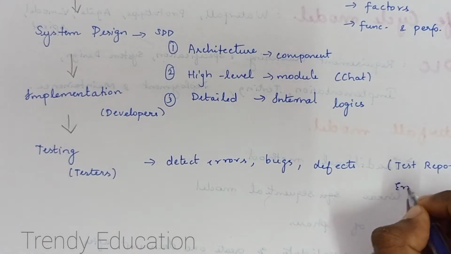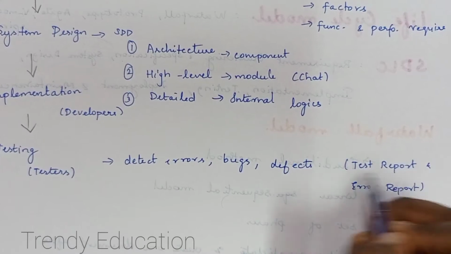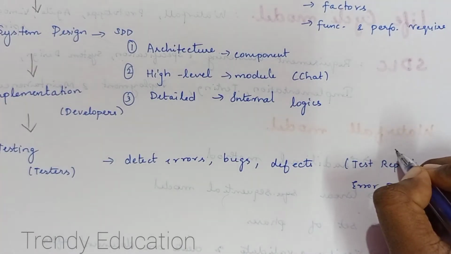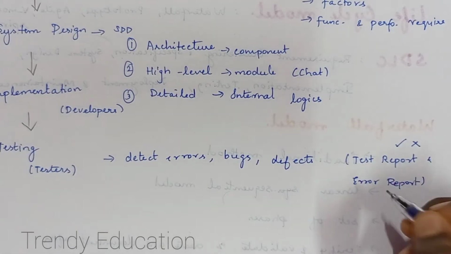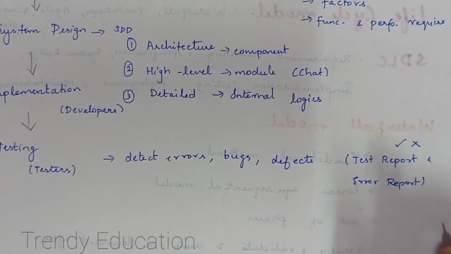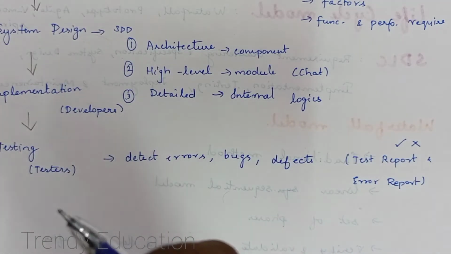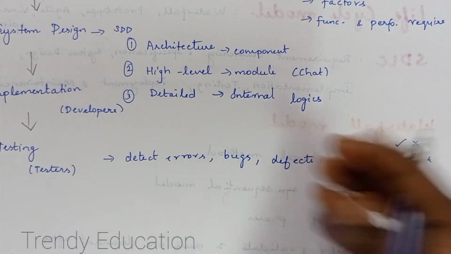The test report includes what test cases they have run, which test cases finished successfully, and which test cases failed. The error report contains which modules contain an error, which components contain an error, and which actions, like when the back button is not working, which is also an error. These reports are collected in a page, and it is called the error report.